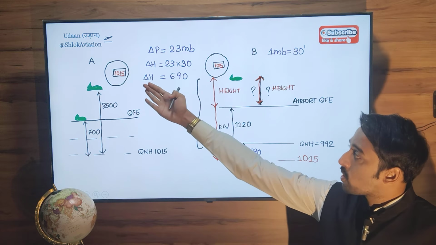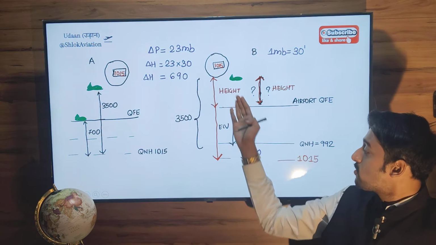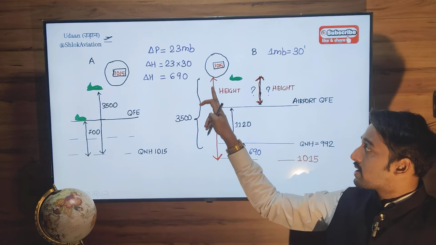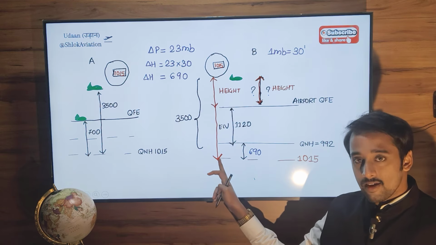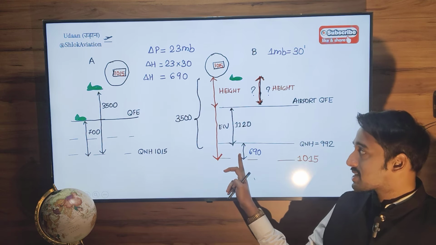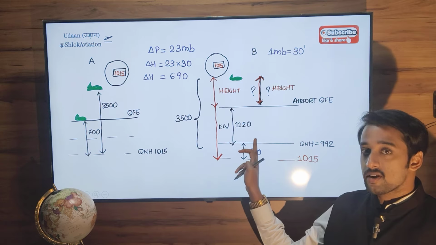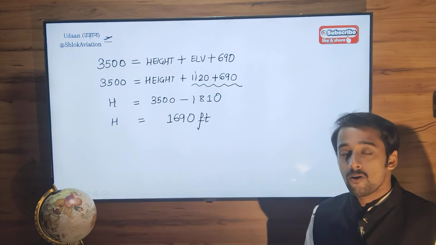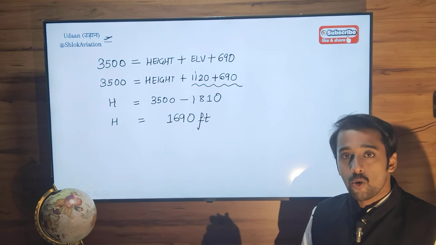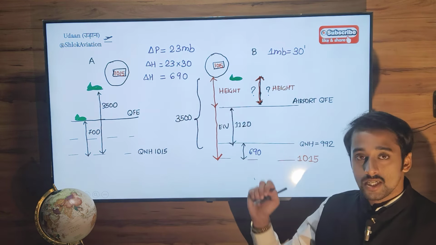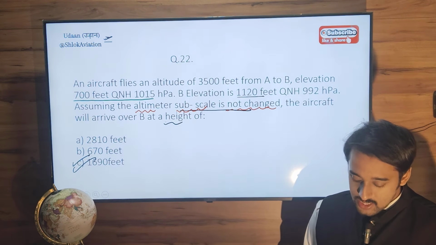So we also draw the 1015 level here. And we get 3500 from the aeroplane to the 1015 level, made of height, elevation and 690 feet obtained from the difference between the two pressure levels. Substitute the values and you get the height of that aircraft above the airport at location B, which is 1690 feet.